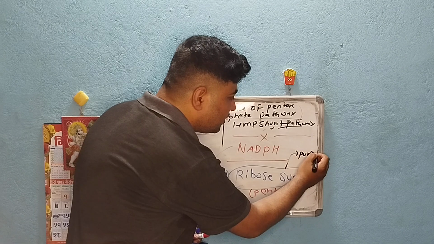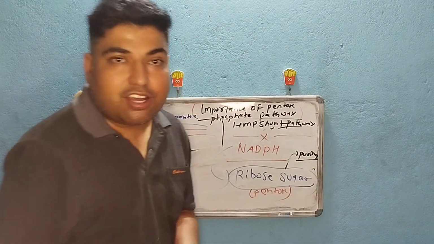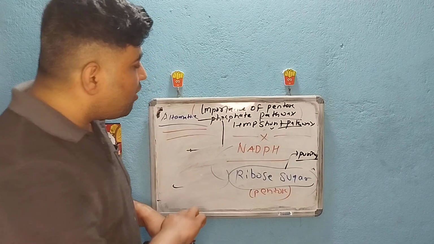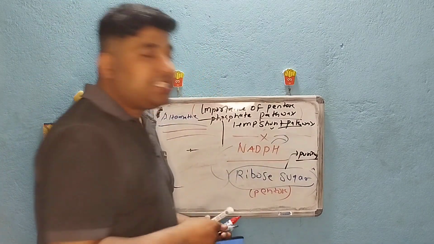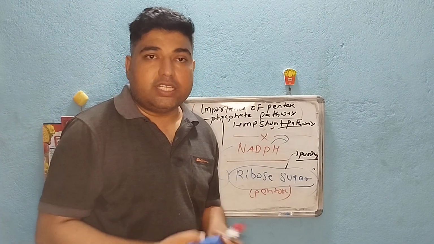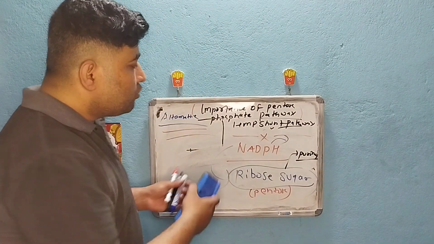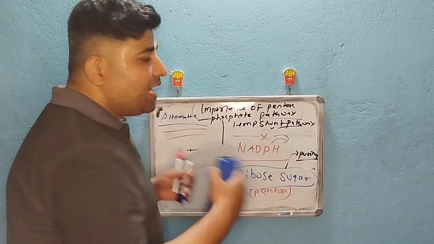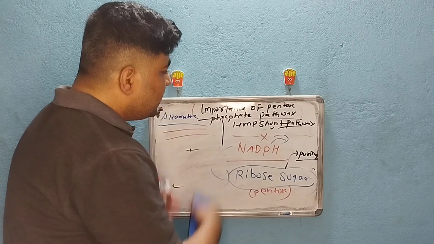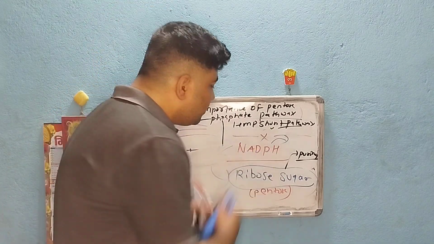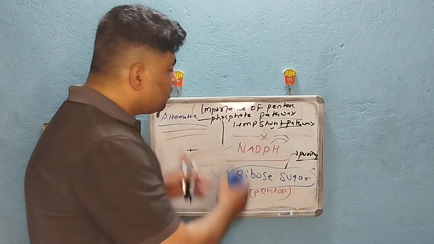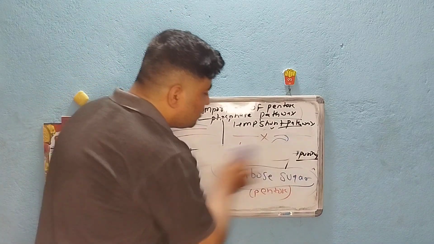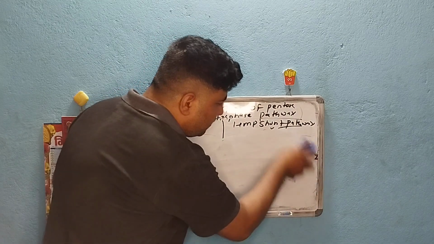There are also many more important roles of NADPH, which we will learn shortly. So despite not being a source of ATP, this pathway has utmost importance because it provides NADPH and ribose sugar. First, we will learn why NADPH is so important for our body.